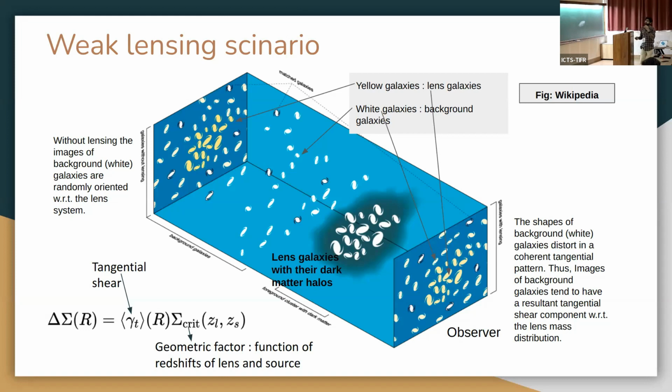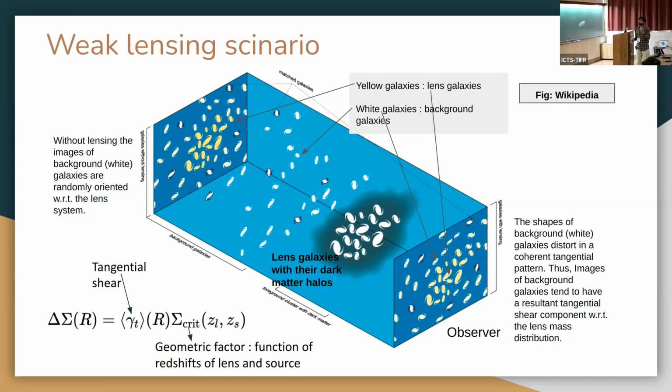These yellow things are the lens galaxies, randomly distributed, and the white galaxies are the background galaxies, whose shapes are also randomly oriented with respect to the lenses. But in the observed plane, you don't see that. The shapes of the background galaxies will have some tangential component induced by lensing, so the white things will be slightly tangentially oriented. This is an exaggerated picture, just to give an idea.